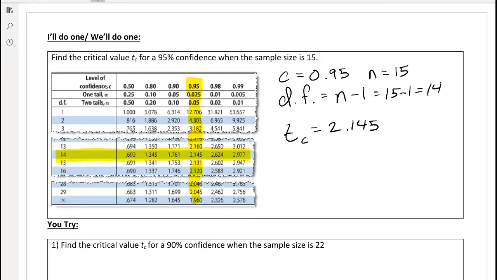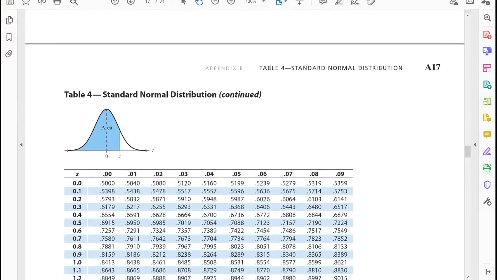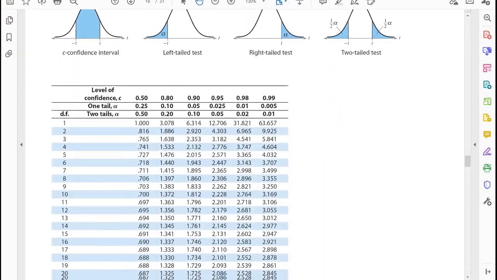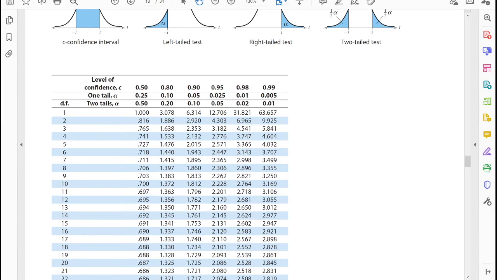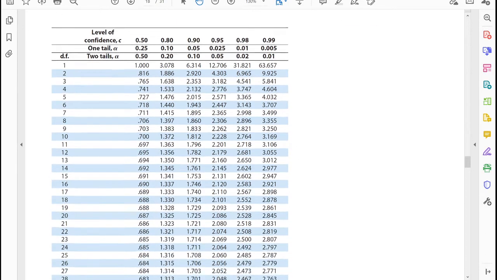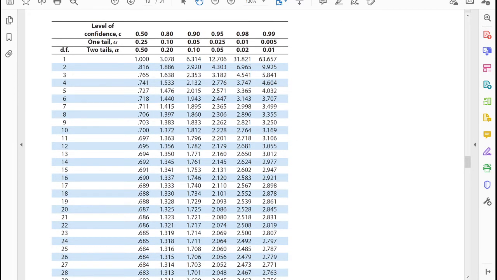That's the thing when you do a T critical. If you look at the T chart, especially for 95%, and you start going down as you increase your degrees of freedom: right now at 14 degrees of freedom, it was 2.145 as your T critical.